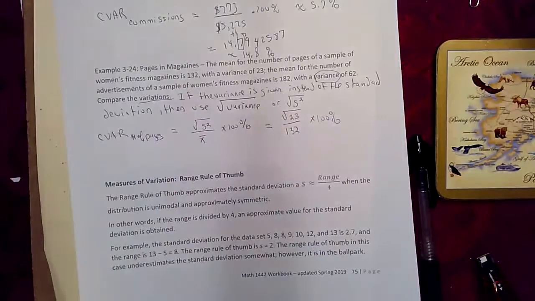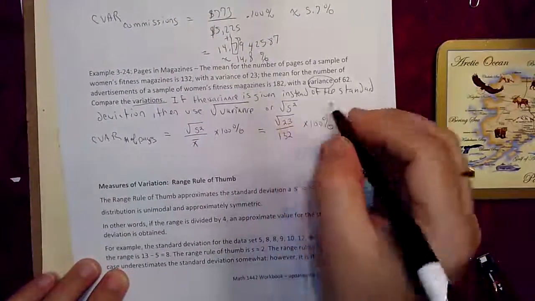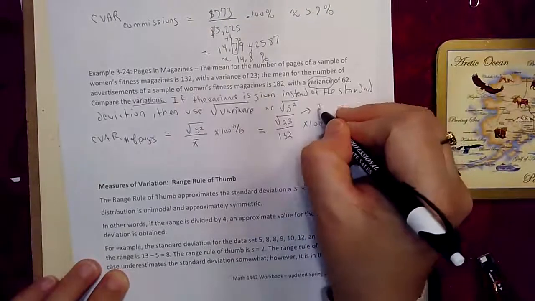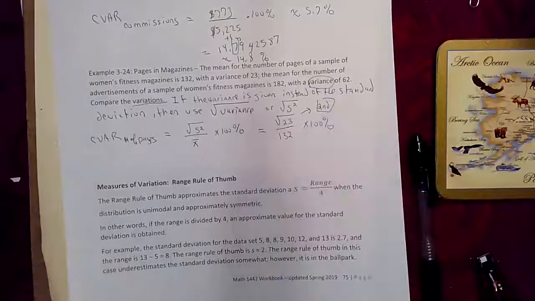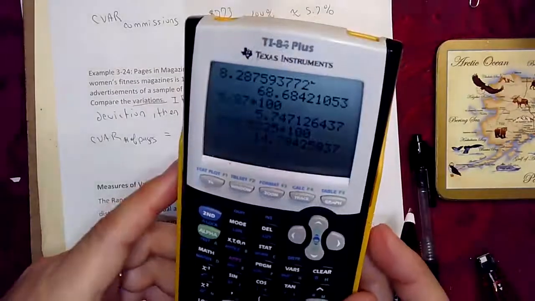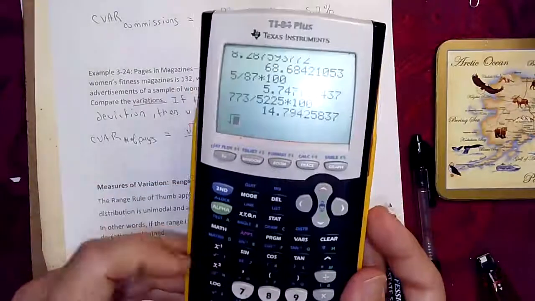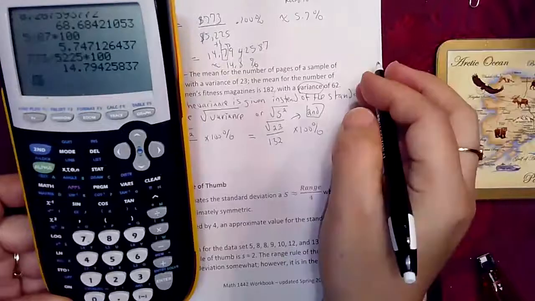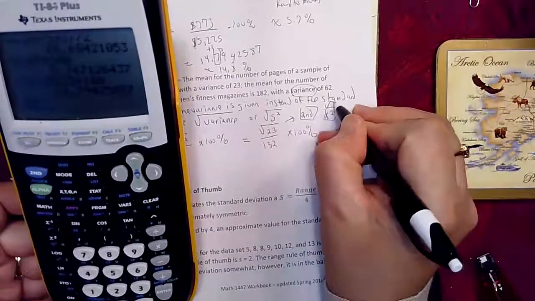So let's calculate that. I don't know if you remember how to activate a radical. You want to use the second on the calculator. Second, and then this x squared, see that? Second x squared, because that has the radical above it.